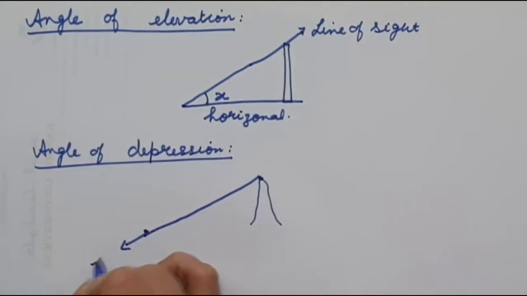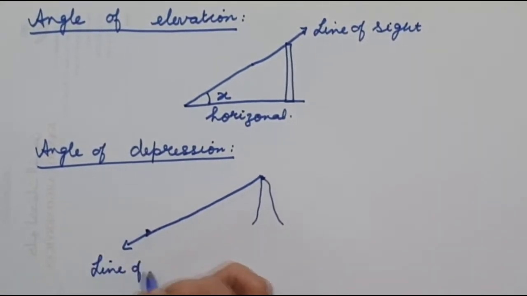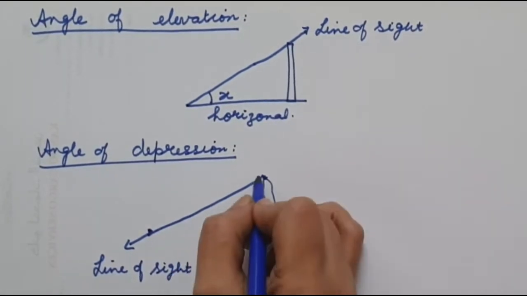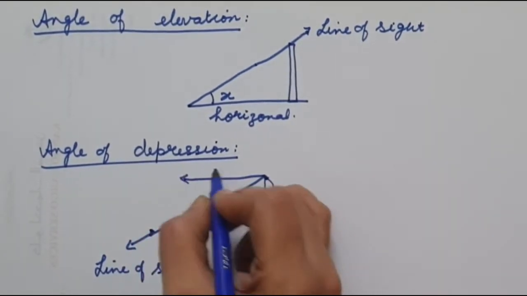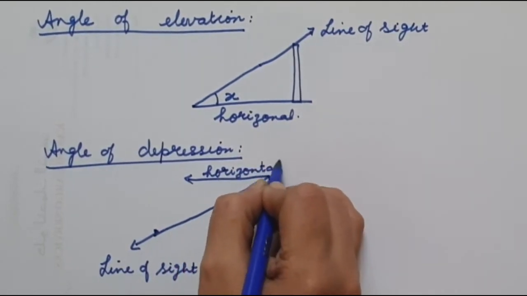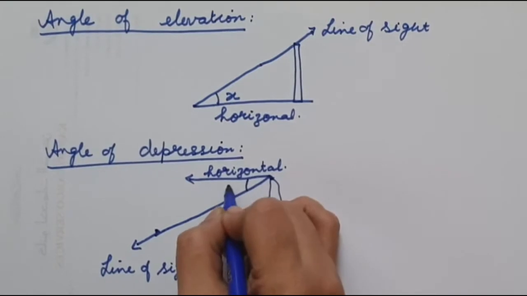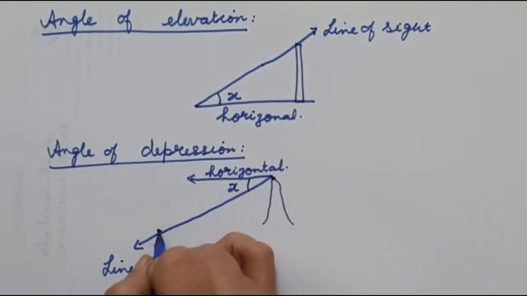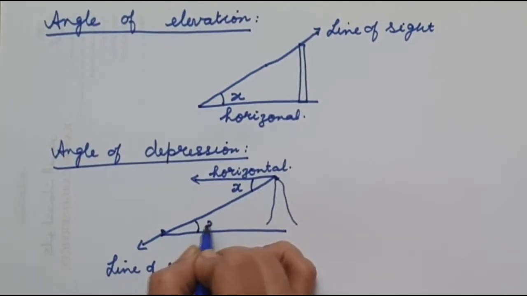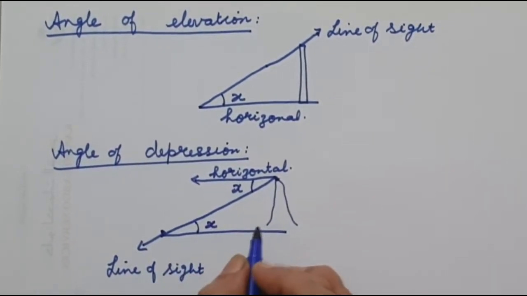So this becomes the line of sight. And then this becomes the horizontal line. So this angle we need to calculate. So in order to calculate that, it is like a Z over here. So we'll always calculate this angle for a triangle.